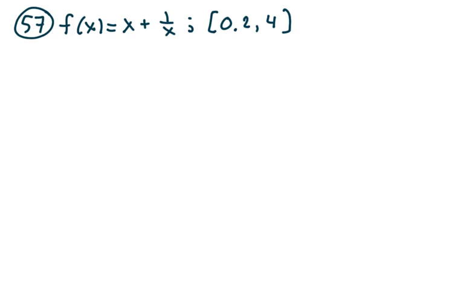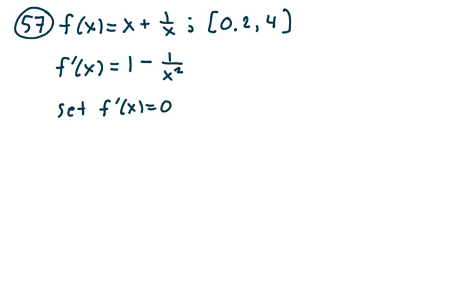That's going to happen. Now, take the derivative. This one's really good. F prime of x is equal to 1 minus 1 over x squared. Set f prime of x equal to 0, which says 1 minus 1 over x squared equals 0.